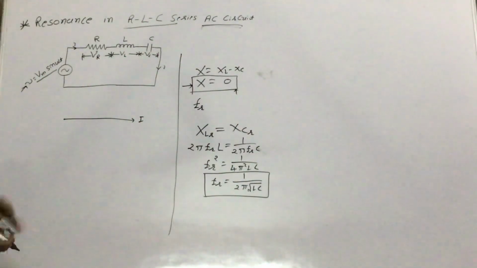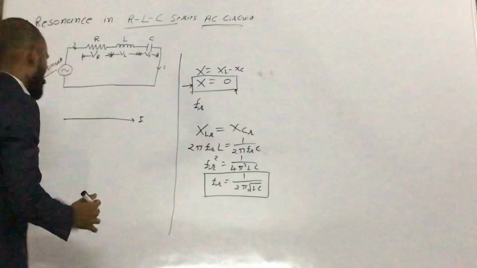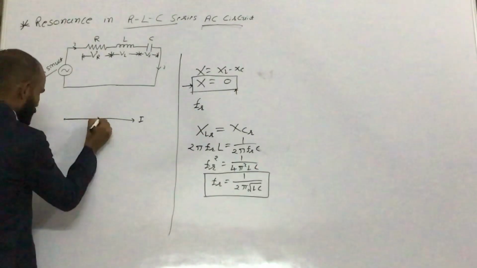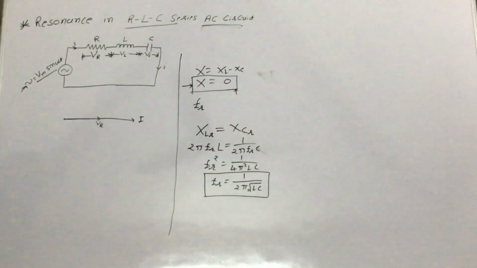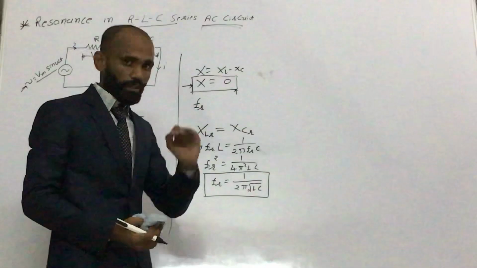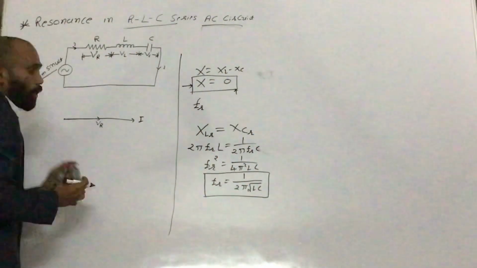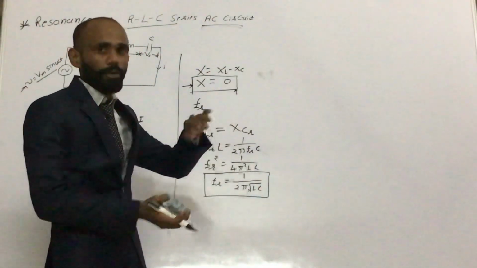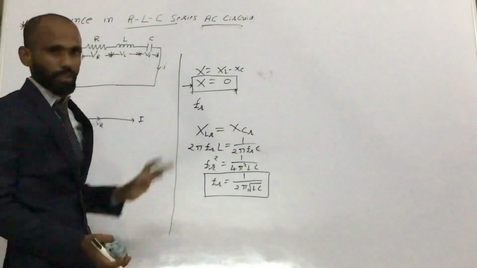Now we know that in resistive circuit both voltage and current are in phase. So this vector represents the VR. Now in inductive circuit, current lags behind the voltage, or in other words voltage leads the current by 90 degree in purely inductive circuit.